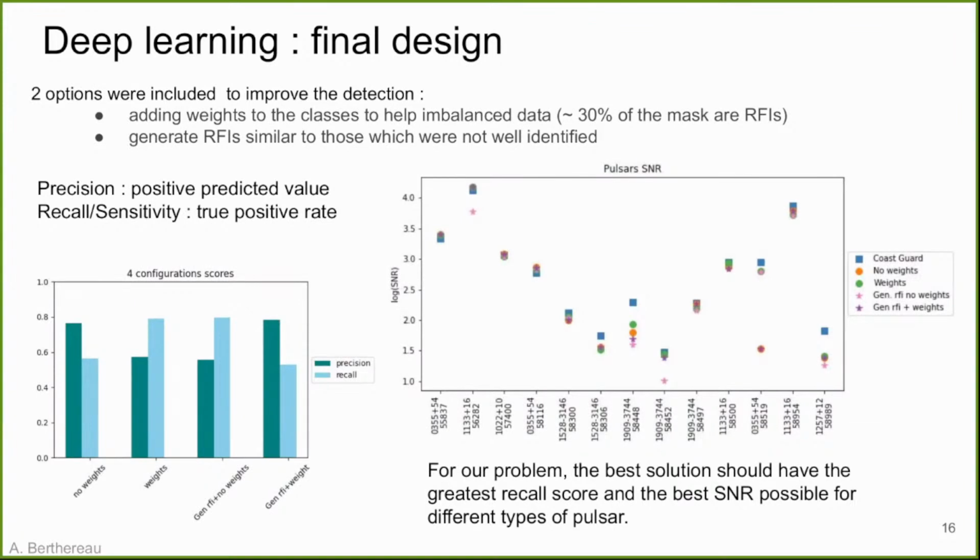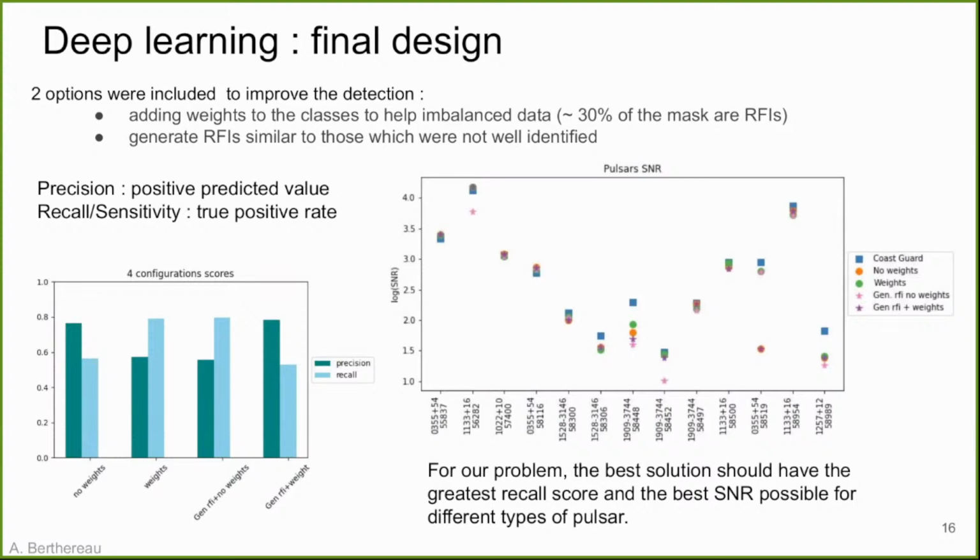For our problem, on the first step, we don't want to miss an RFI. So it seems pretty okay for us to flag signal as RFI on the first step, because we really don't want to have RFI in our observation.